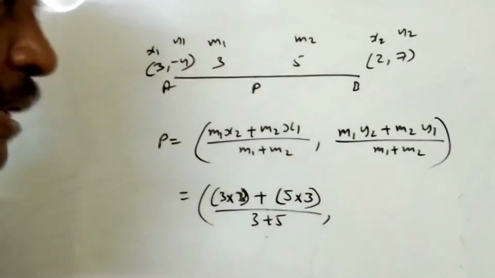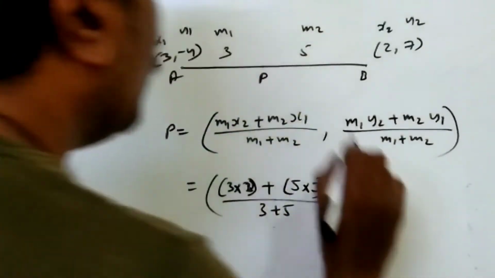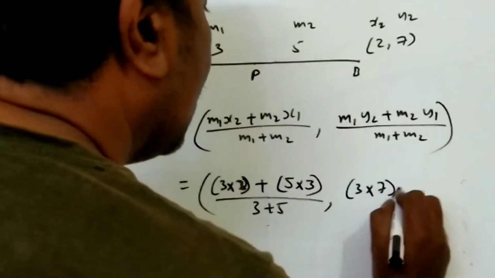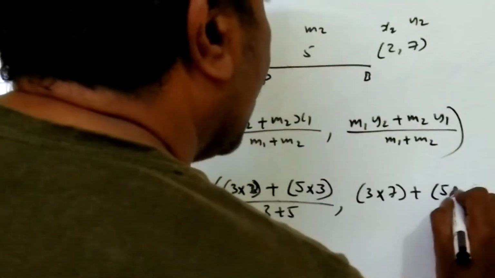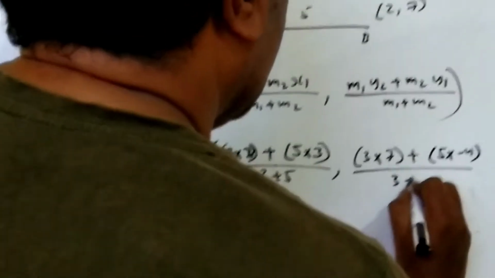Next, m1 y2, 3 into 7, plus m2 y1, 5 into minus 4, by 3 plus 5.